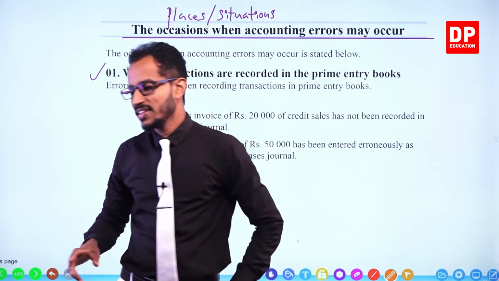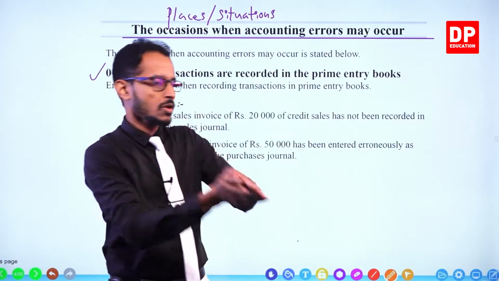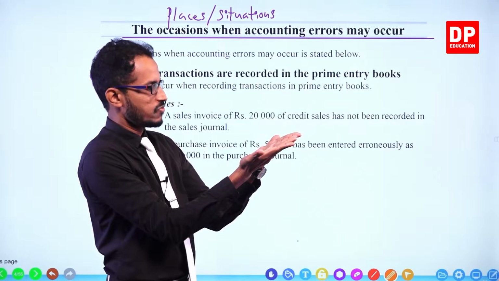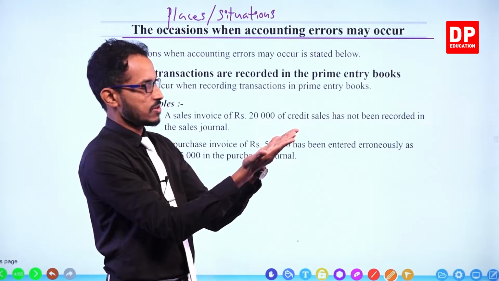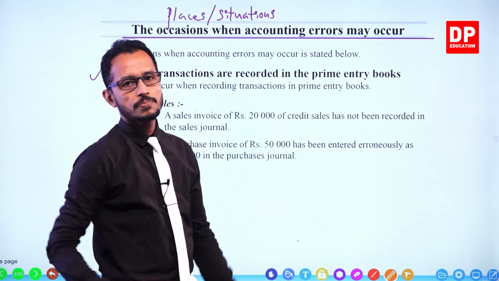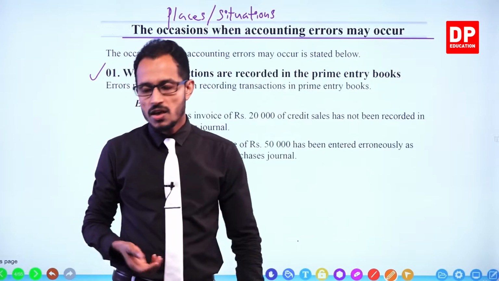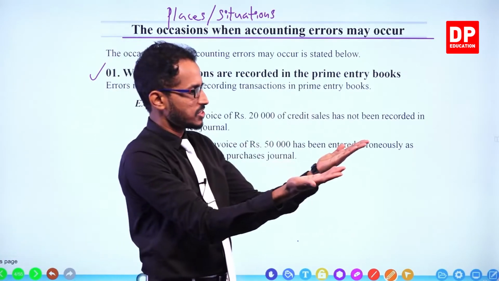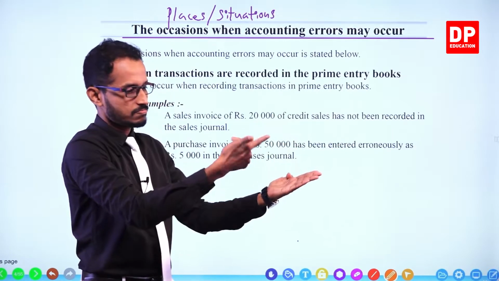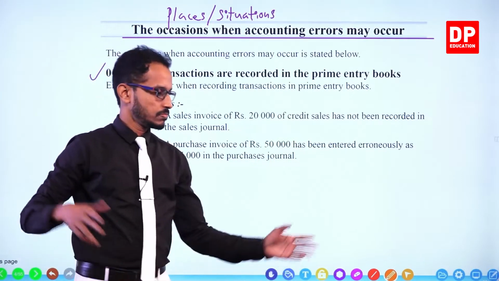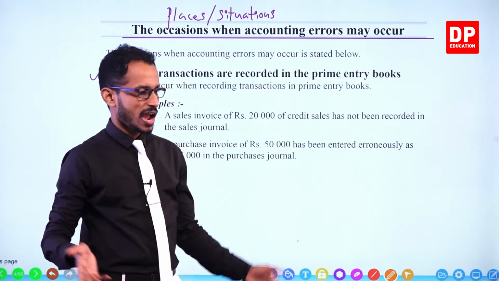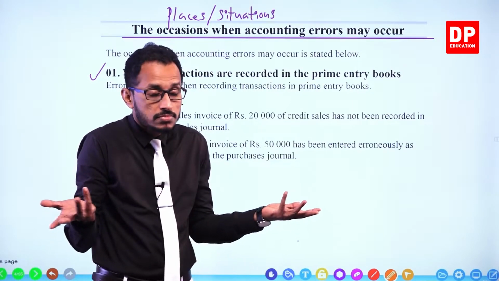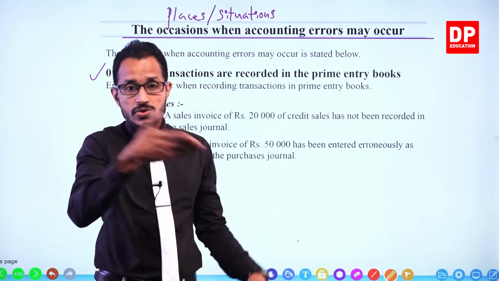When we take a book and open it, we don't see errors readily. We have to trace them. We take our ledger books, open the ledgers, go through our ledger accounts, and errors are not highlighted in red color. They are just like any other entry.